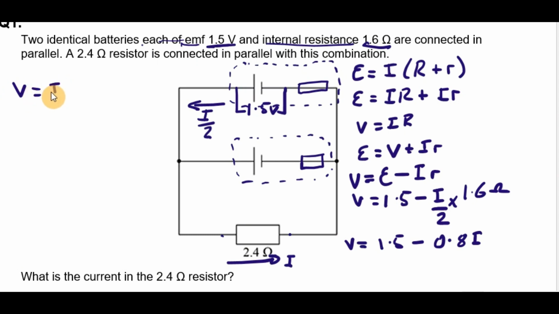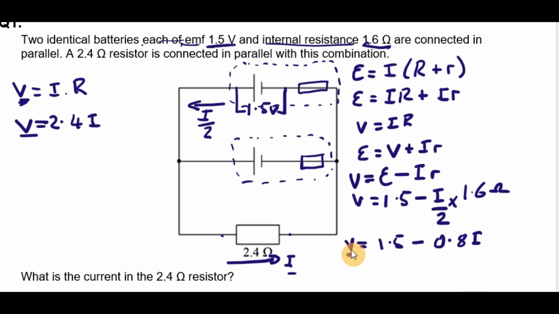Potential difference is the current multiplied by the resistance. Well, this potential difference is the terminal PD. It's the same as the PD we've got there. The current, we said we're going to give the value I, and the resistance is 2.4 ohms. So the potential difference, the terminal PD, is 2.4 I.